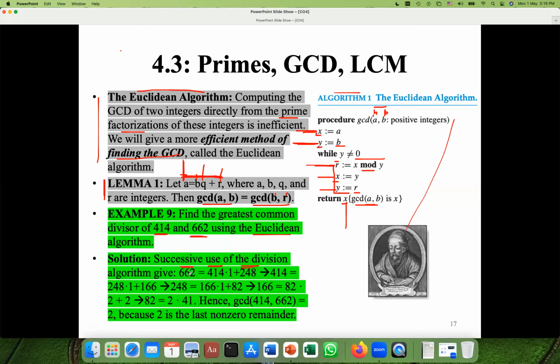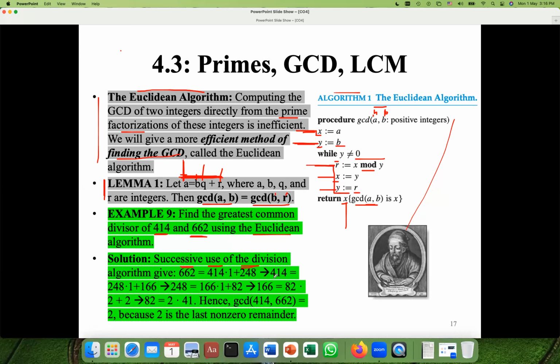After dividing 662 by 414, the quotient is 1. 414 multiplied by 1 gives 414, and after subtraction, you get 248 as the remainder, which is written in this form of equation. Okay, this is the first step.